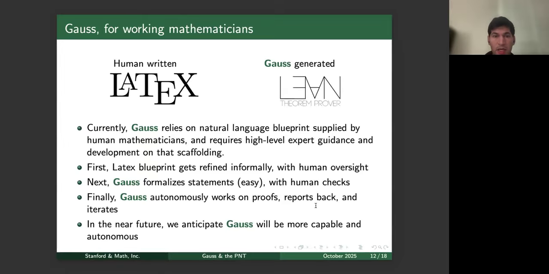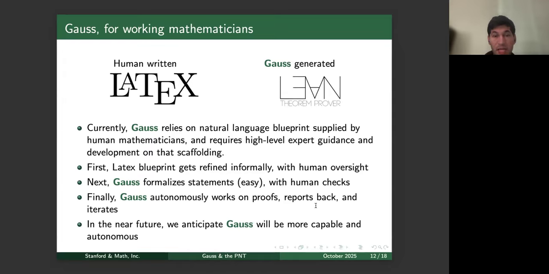One is a document in LaTeX, and the other is a document in Lean. The workflow I ended up interacting with is that I would produce a LaTeX file. As a lot of people know, mathematicians really like to use LaTeX. I guess some computer scientists do too.